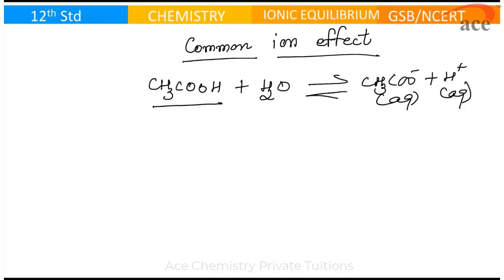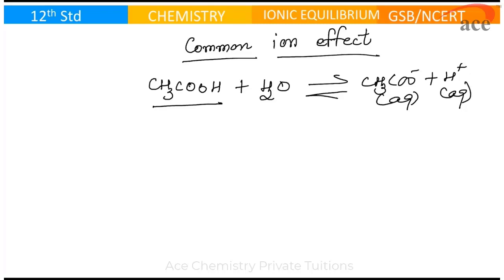Basically, we want to suppress the degree of dissociation of this weak acid. So to do so, we need to add a strong electrolyte. And remember, salts are strong electrolytes, which will have common ion to that of weak electrolyte.